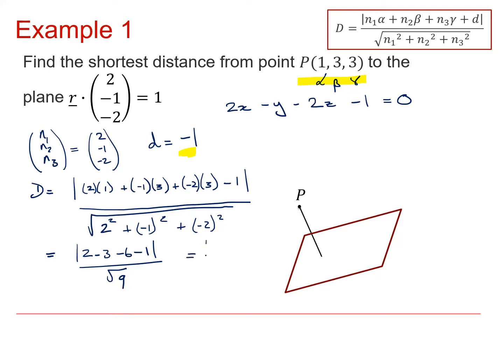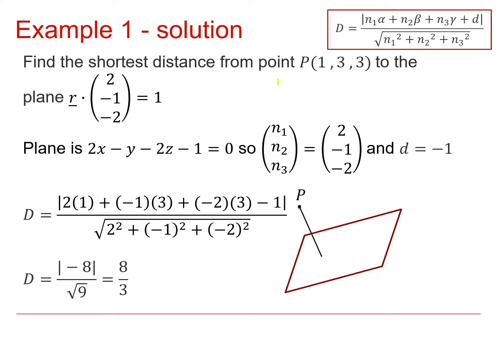And that gives me the modulus of minus 8 over 3. And of course, that means that d, my distance, is just 8 over 3. Remember, our distance is going to be a positive quantity.